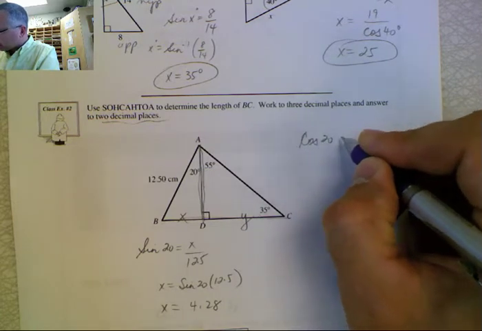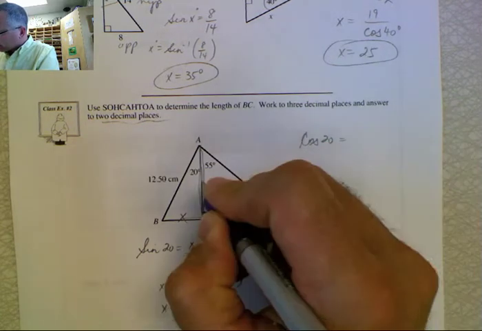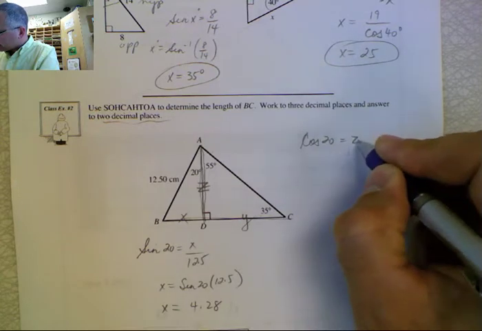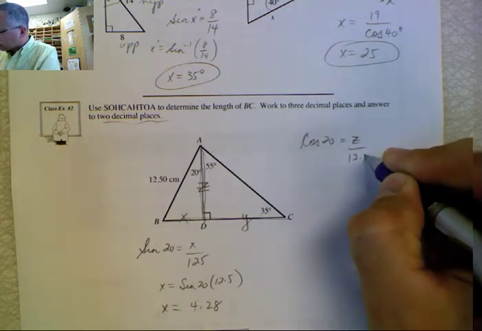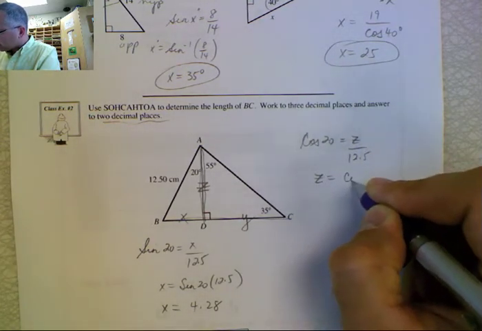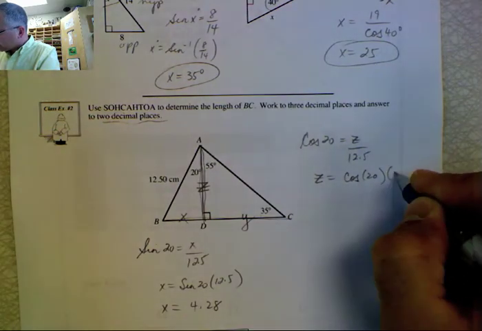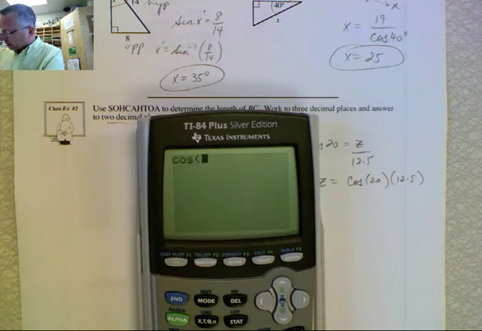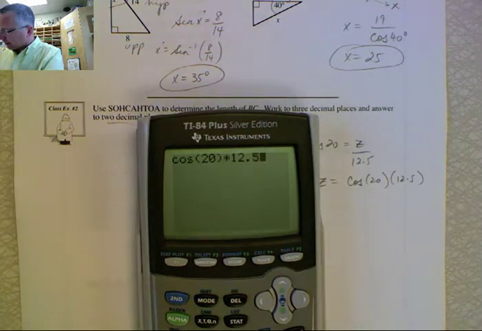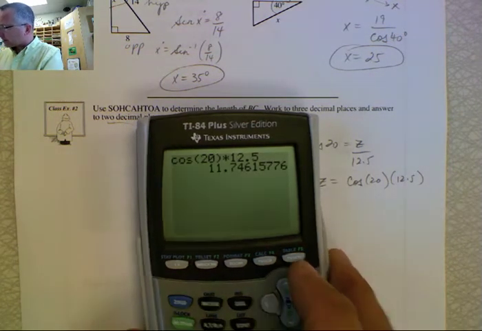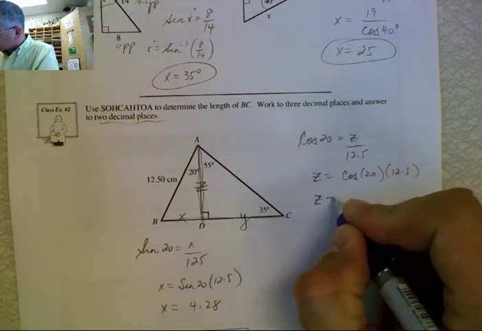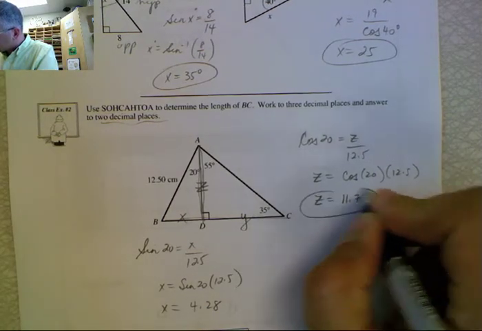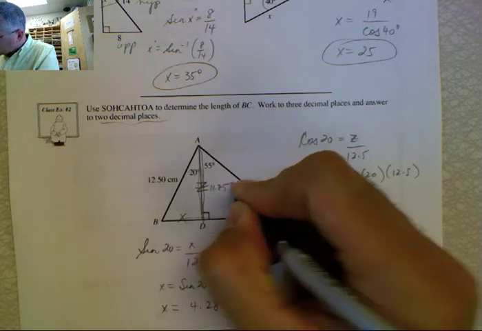So the cosine of 20 is, I'm going to call this side Z, Z over 12.5. So Z is going to be the cosine of 20 times 12.5. The cosine of 20 times 12.5 gives us 11.75. So this side is 11.75.